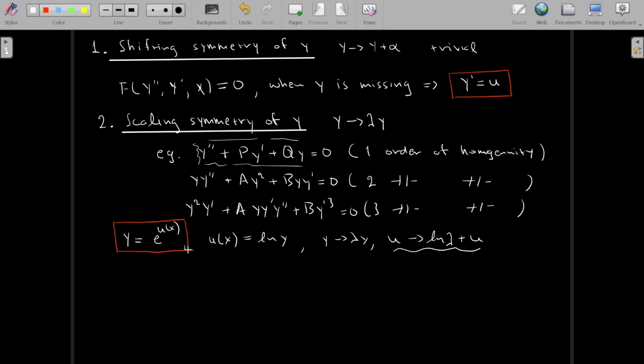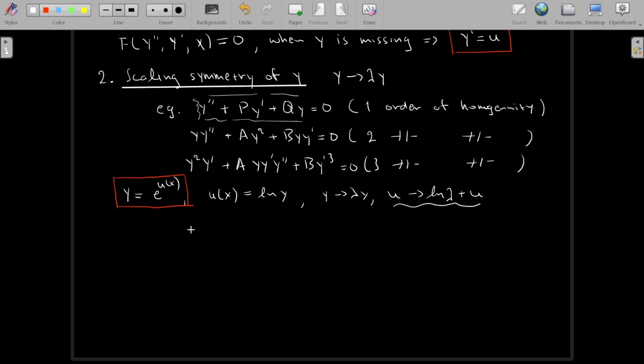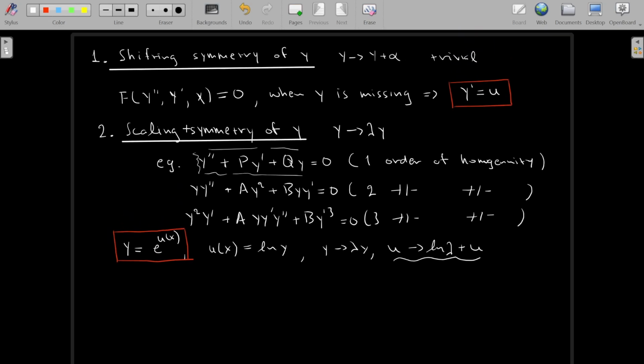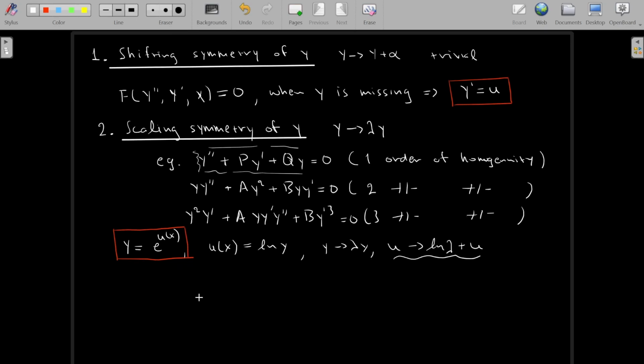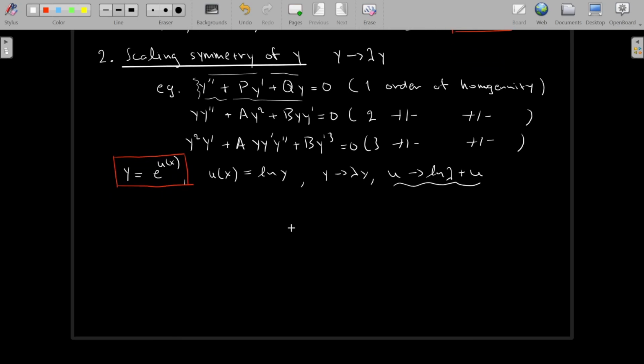We will see a similar case when we talk about the shifting symmetry of x and the scaling symmetry of x. So indeed, by having this transformation here, we are moving into having a shifting symmetry of u of x in the newly transformed differential equation. So we are really bringing ourselves to the previous trivial case, right?